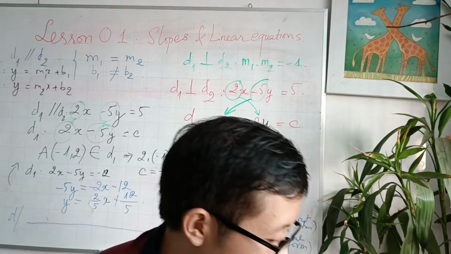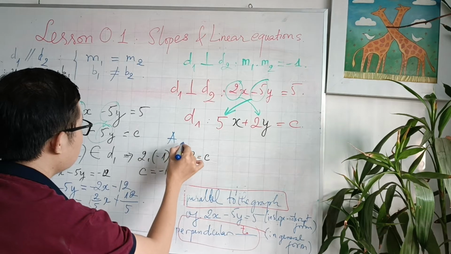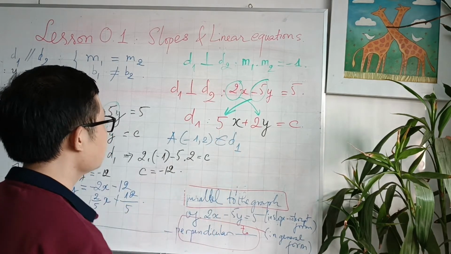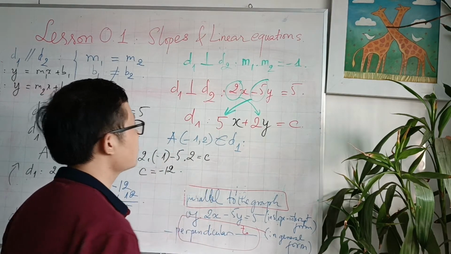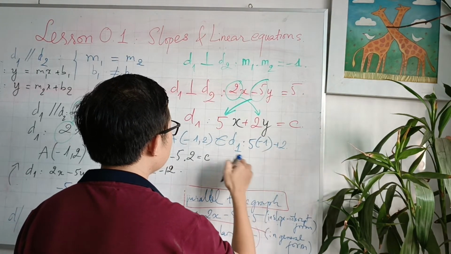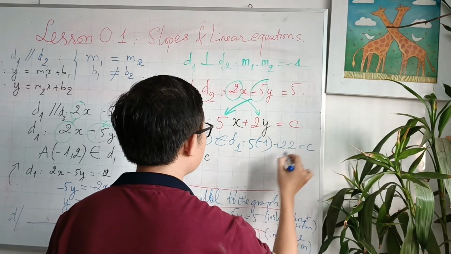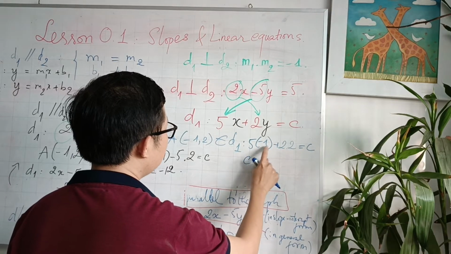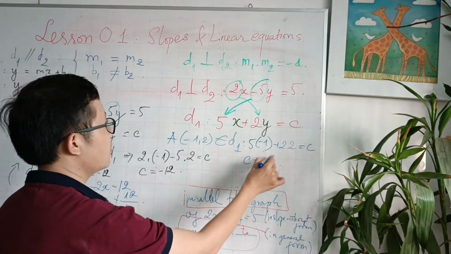Since A(-1, 2) lies on D1, we substitute the coordinates of the point into the formula: 5 times -1 plus 2 times 2 equals C. So C equals -5 plus 4, which is -1.